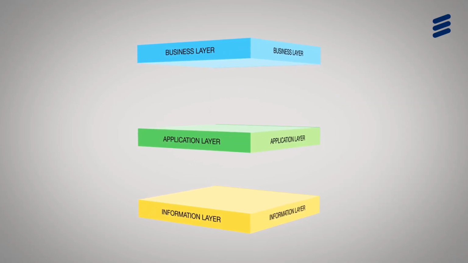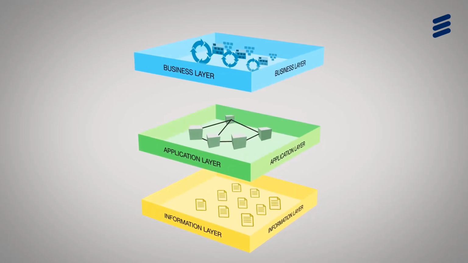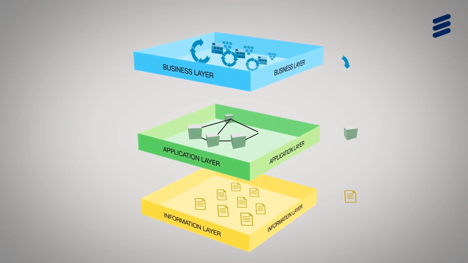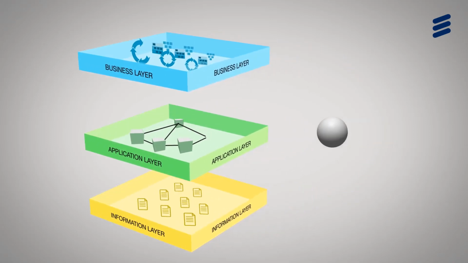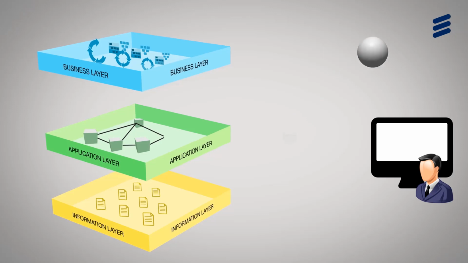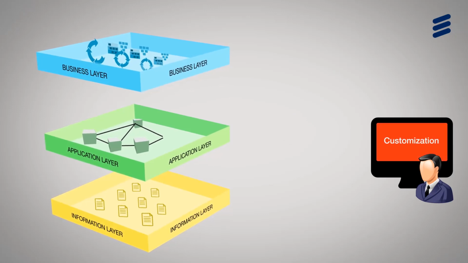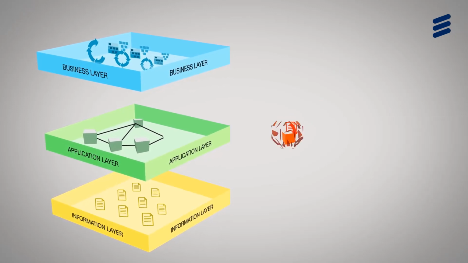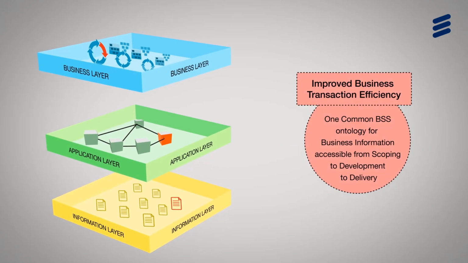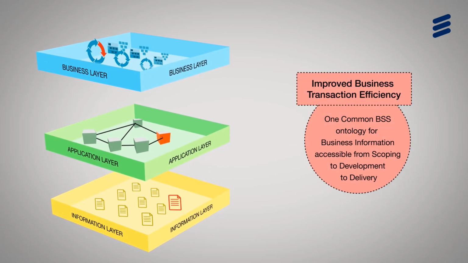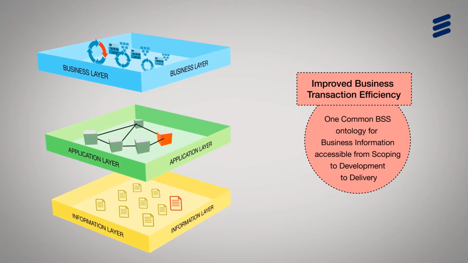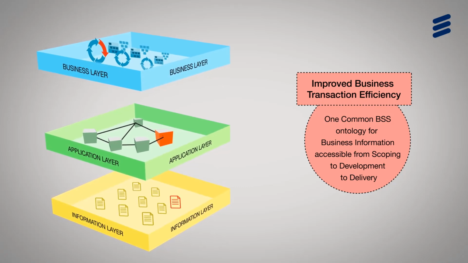The rich set of artifacts available in these layers could very well be used in customer transformation projects to customize solutions that match customer-specific needs. We could as well bring the best practices back to the standard environment. This provides an increased business efficiency and a common ontology between development and delivery organization.